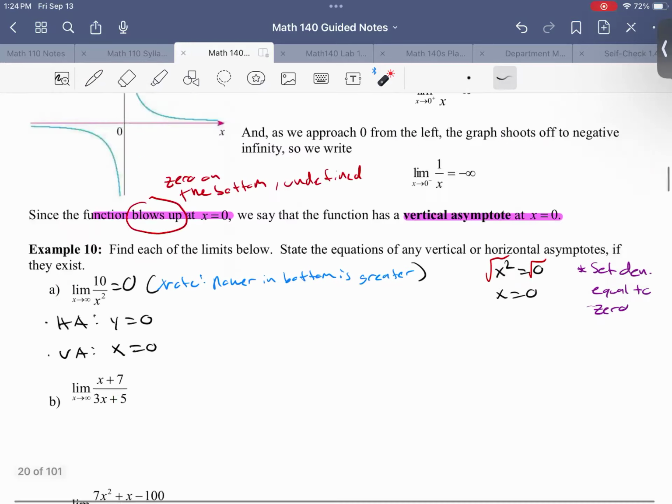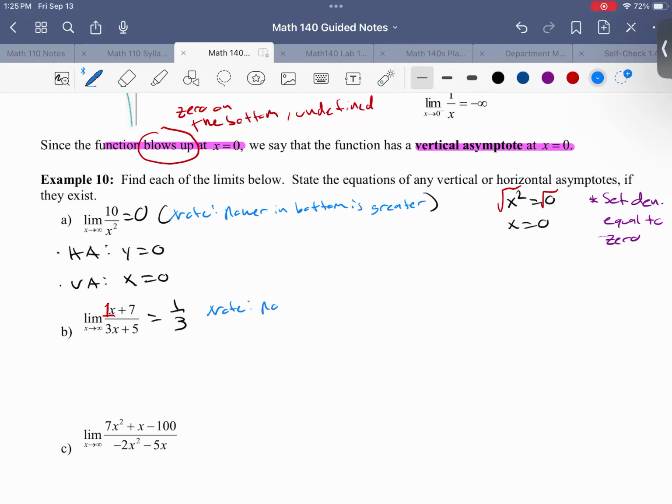You can think about this just having an invisible one right there. So the limit of this would just be 1/3. Quick. Okay. And then you can just make a note to yourself, like note: power is the same, took ratio.